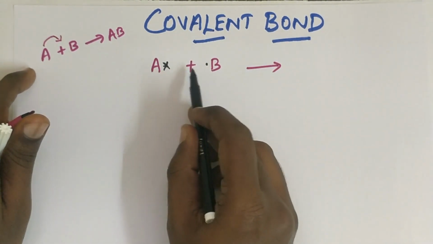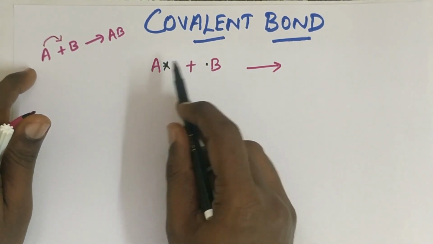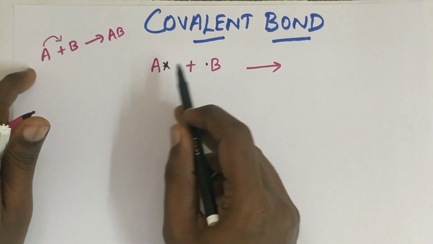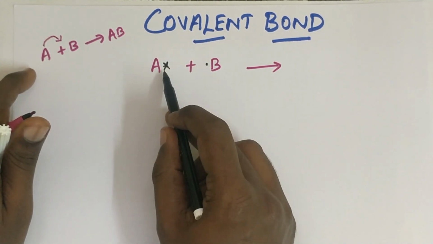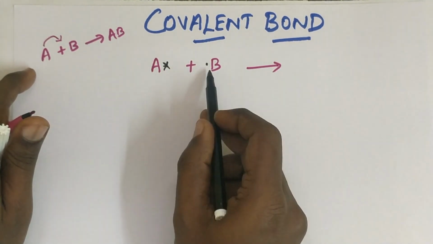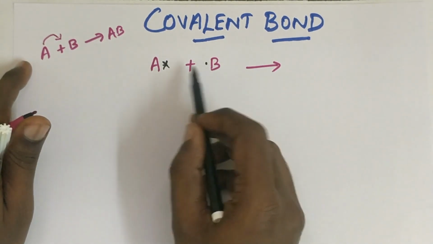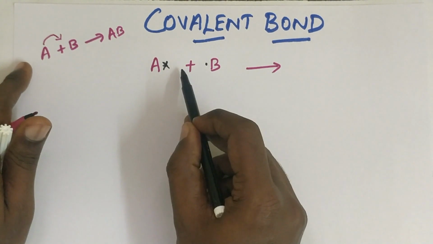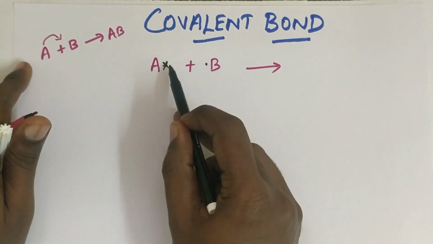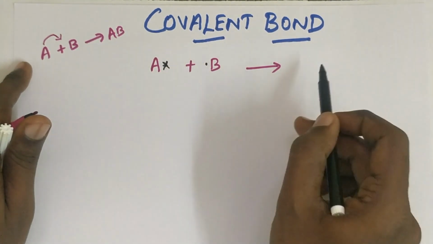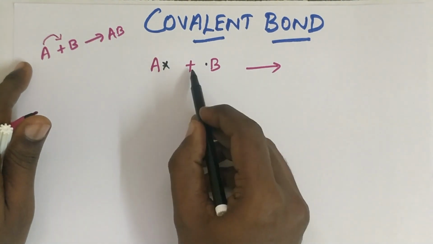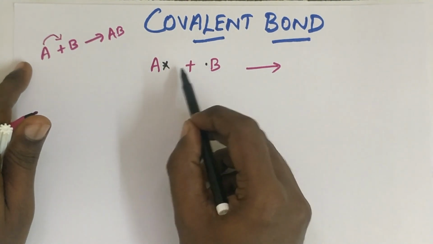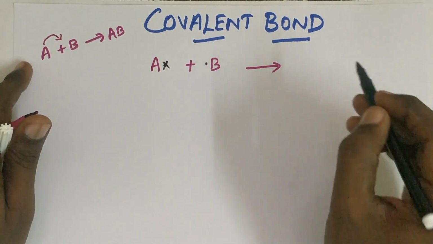For differentiating, I put cross and dot because these are two different atoms. I use cross for A and dot for B. These two atoms contain one electron each. These electrons are contributed to each other to form AB.